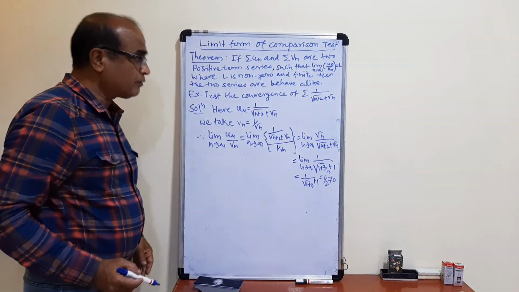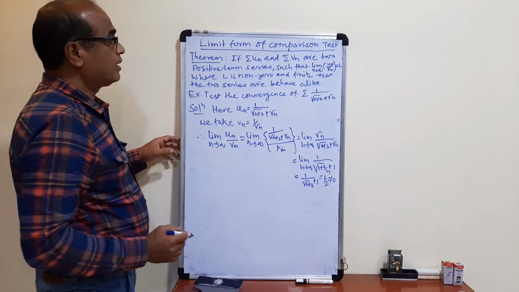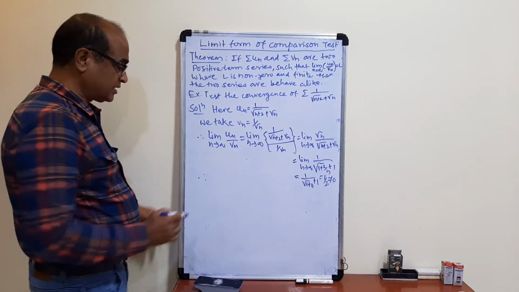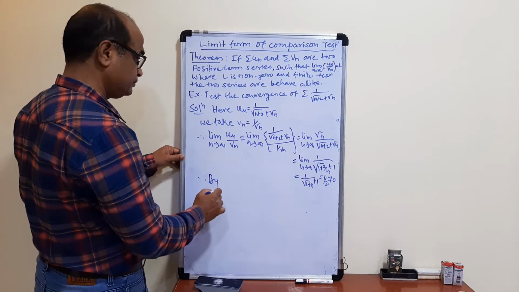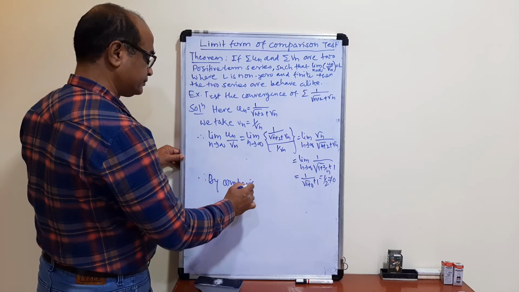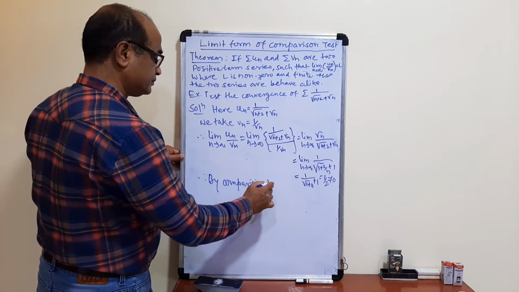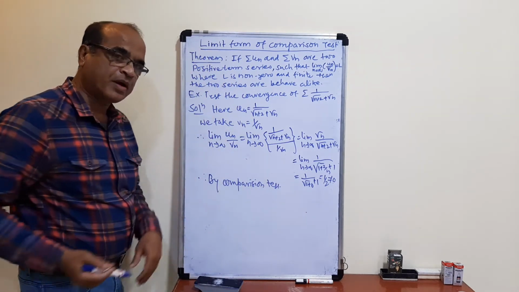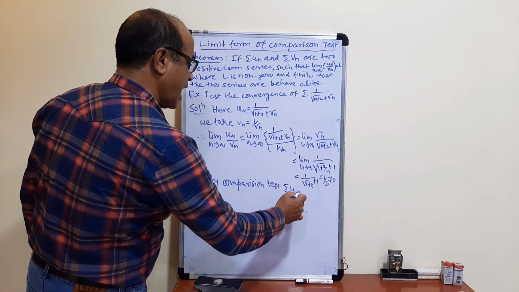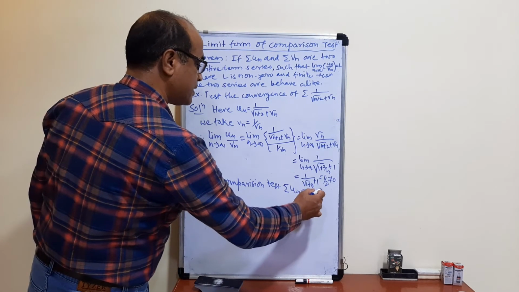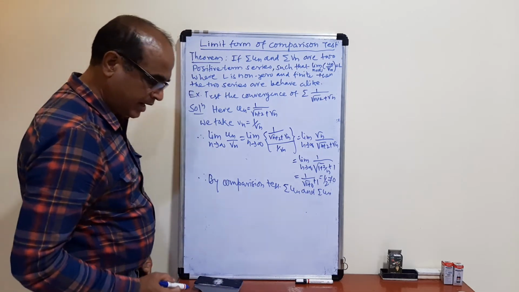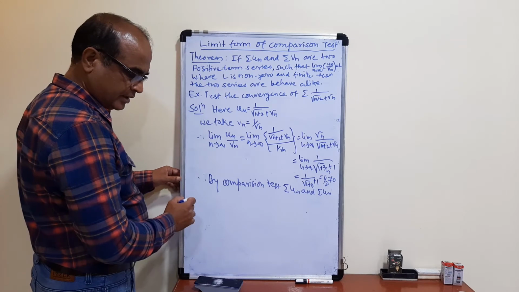Then by the limit form of the comparison test, the Un and Vn series behave alike.